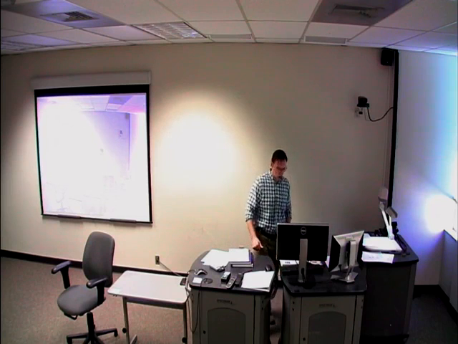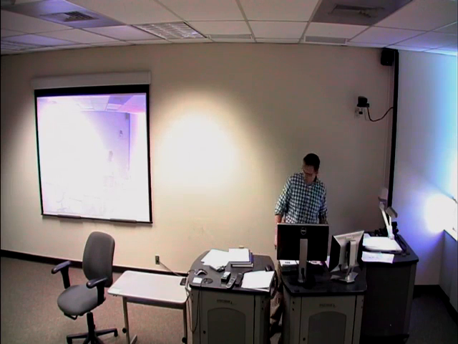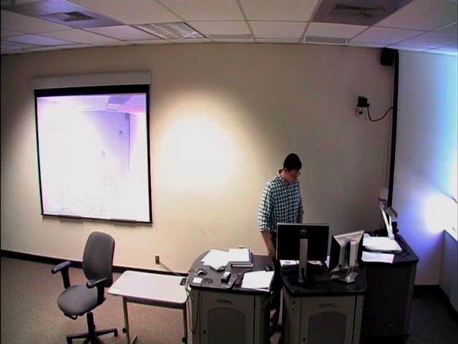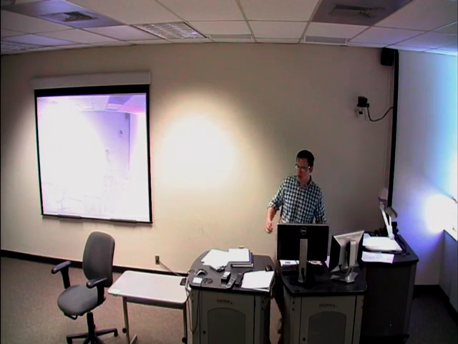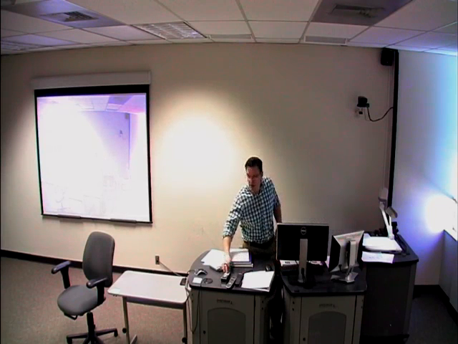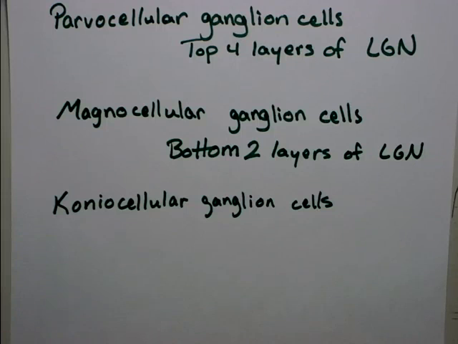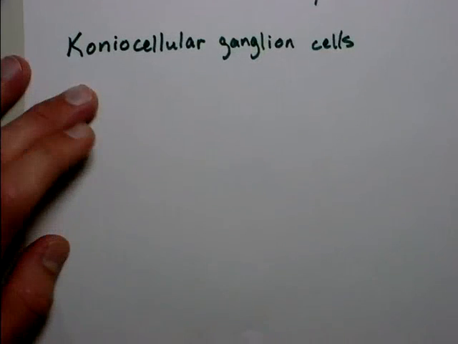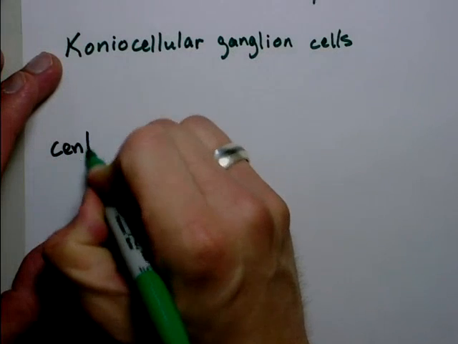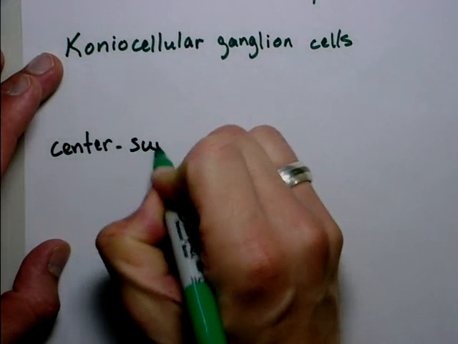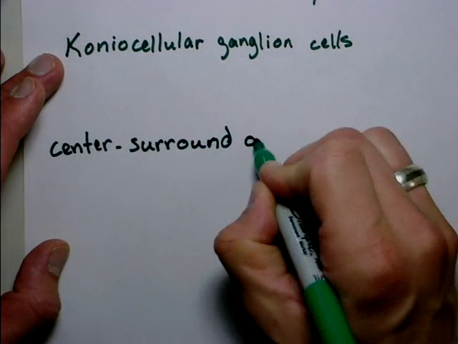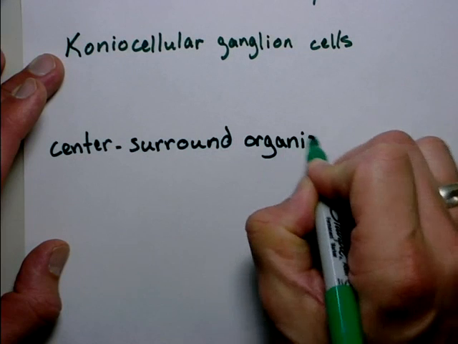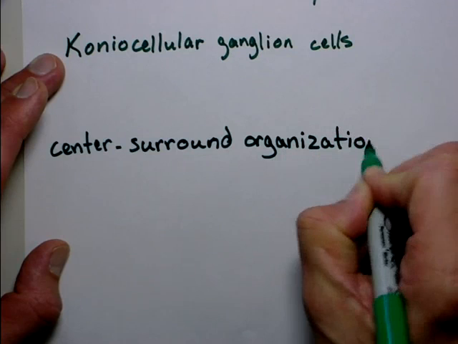Good. Also, receptive fields for both ganglion cells and those in the lateral geniculate nucleus have a center-surround organization. What does that mean?